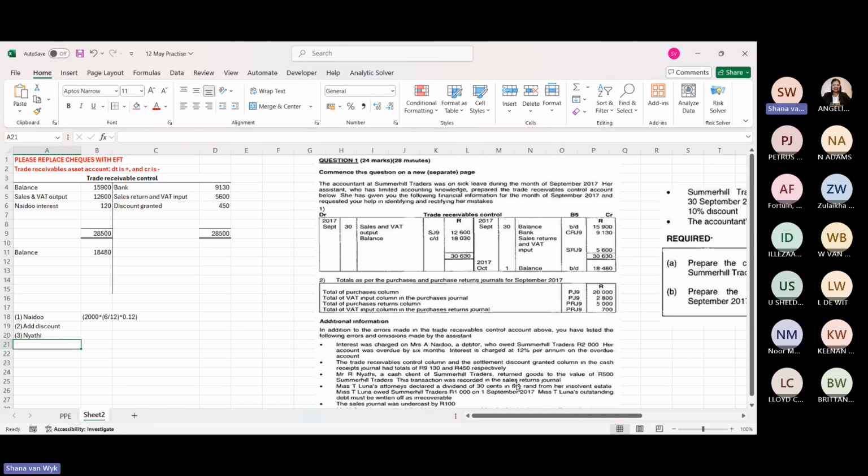But now, if we are returning goods, it includes VAT. So there is an amount there of sales return and VAT, so we don't need to split it. Okay, I'm not going to add it there. Let me make it separate so it doesn't get confusing, but I will add it in. So it's 500, so I'm just going to say add 500.